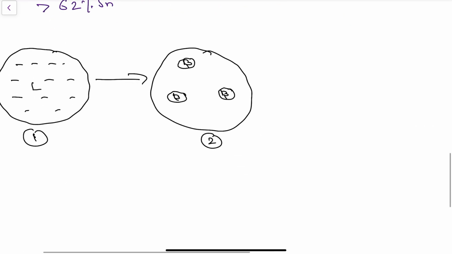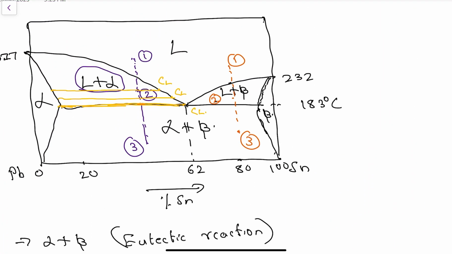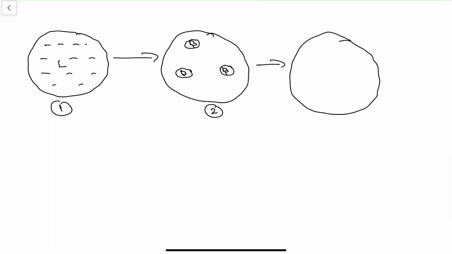And when it crosses that eutectic temperature of 183 degrees Celsius, you can find the composition of the liquid. For that, you need to draw this line. If I draw a line like this, you can see the composition coming down. Finally, it reaches here. At 183 degrees Celsius, it will reach the eutectic composition.